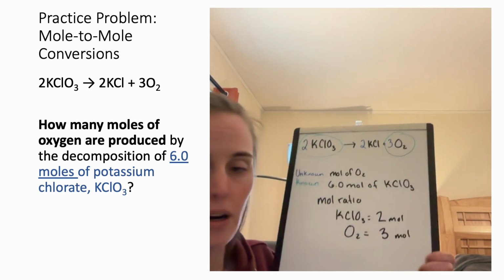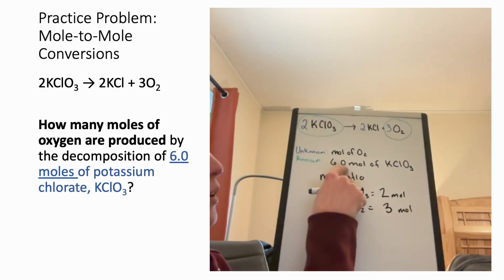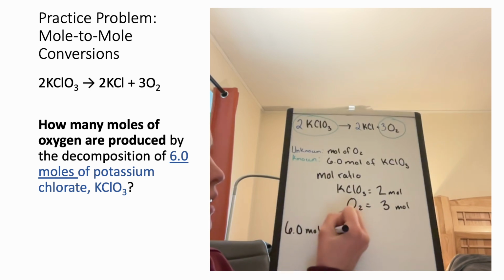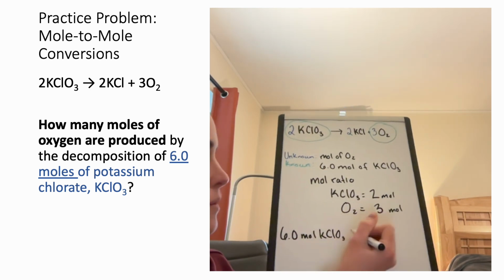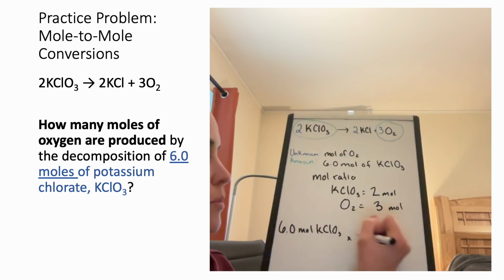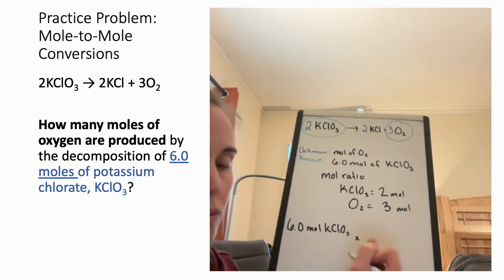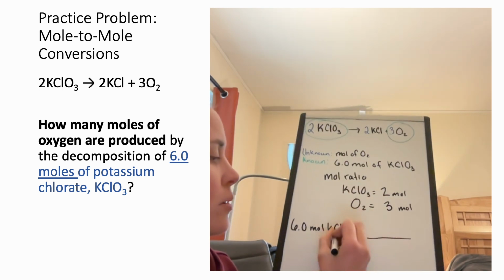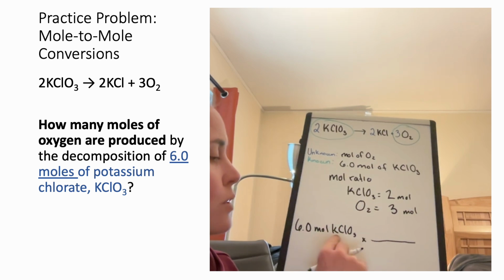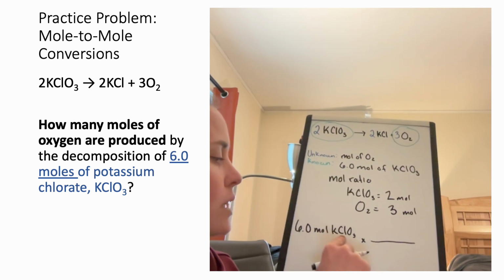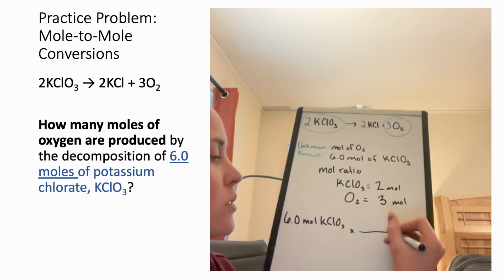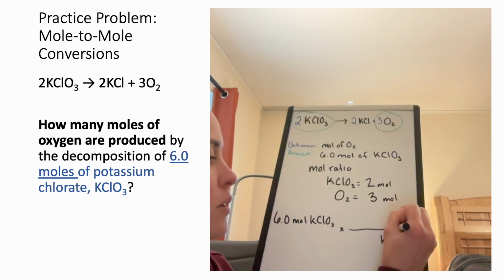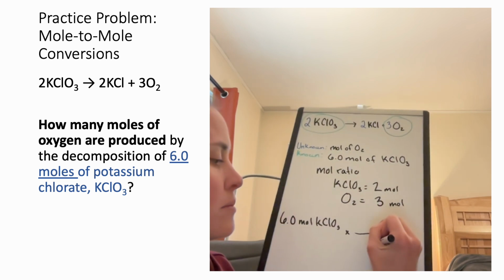So now we can set up our equation. We always start with the known, which is 6 moles of KClO3. We are going to multiply this by our mole ratio. Remember, we need to make sure our units cancel out, because we're not looking for moles of KClO3, we're looking for moles of O2. So that means KClO3 goes on the bottom, O2 goes on top, and these are moles.